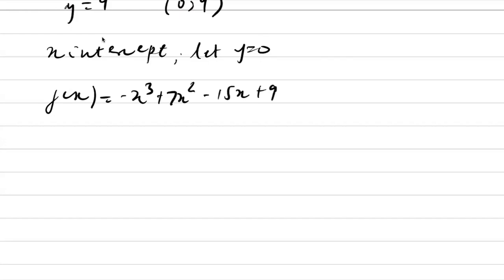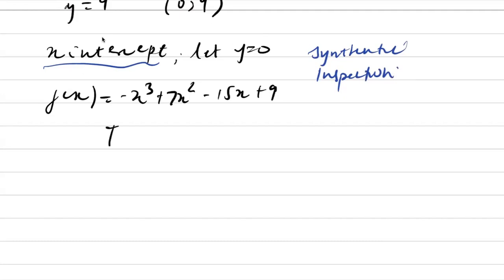So we could either use synthetic division or inspection. I particularly like inspection, but I like them both. In both of them, we have to first find a factor using the factor theorem.